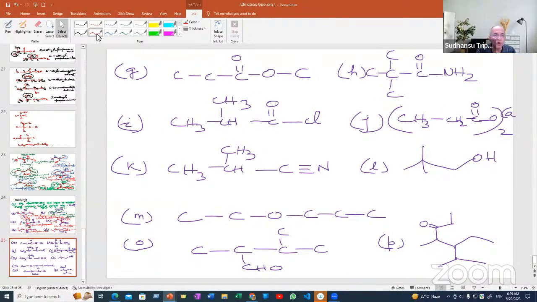Similarly, this one is an ester. O C double bond O CH3 means its class is ester, alkyl alkanoate. And ester has a distinction of having a fruity odor. The odor is very acceptable.